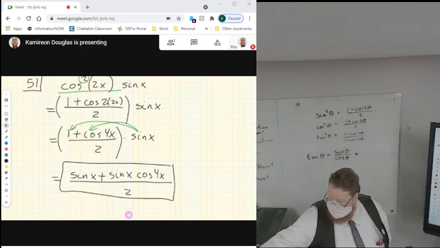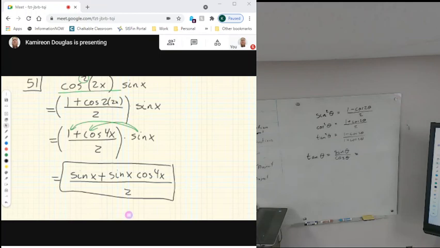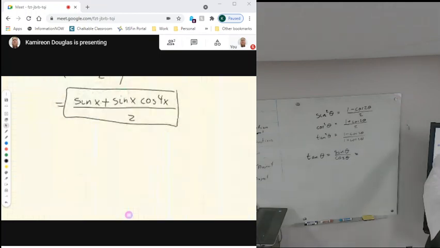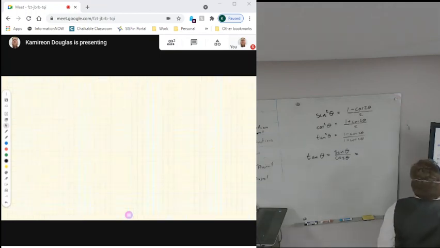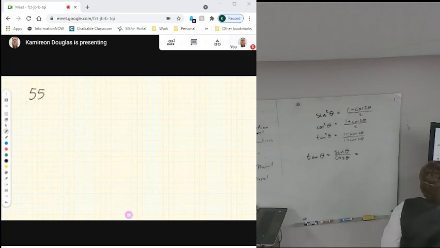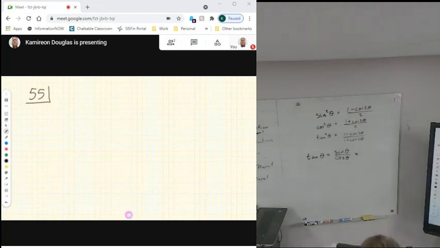Next problem was 53? 55. Ah, one of the identity problems. Yes, I'm so glad somebody asked. 55: I have sine of 2x is equal to 2 tangent of x over 1 plus tangent squared of x.